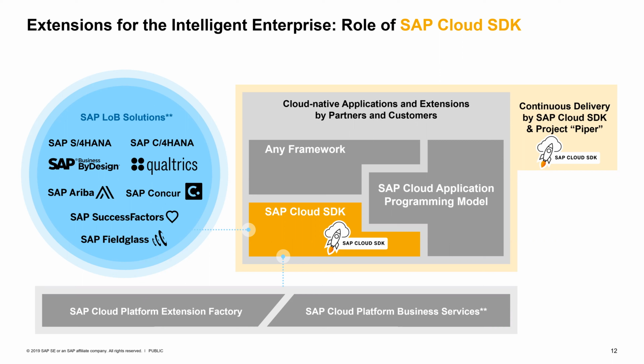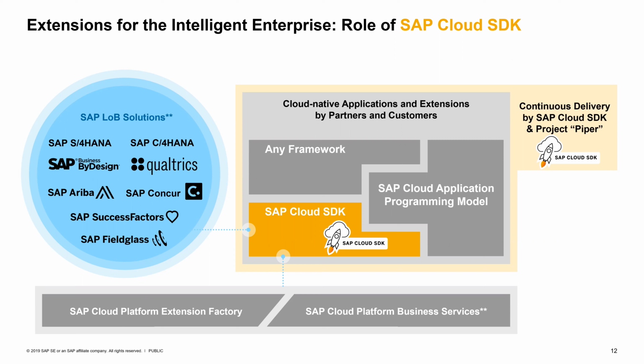The basic idea, as you can see in this diagram, is to have cloud native applications, so applications that fulfill qualities typical to cloud native applications on SAP Cloud Platform that integrate with existing SAP solutions. Of course, you still might want to use different frameworks.